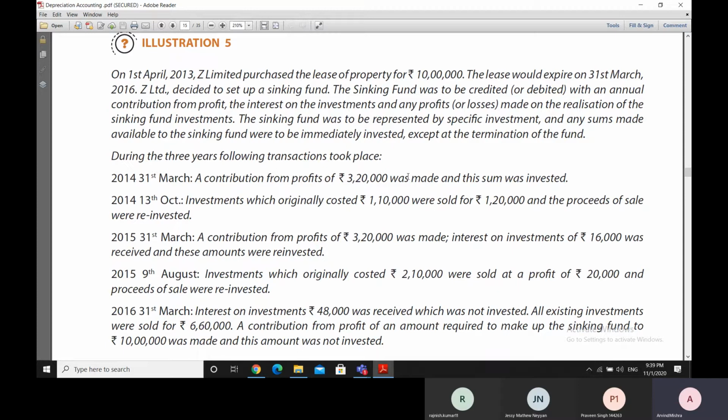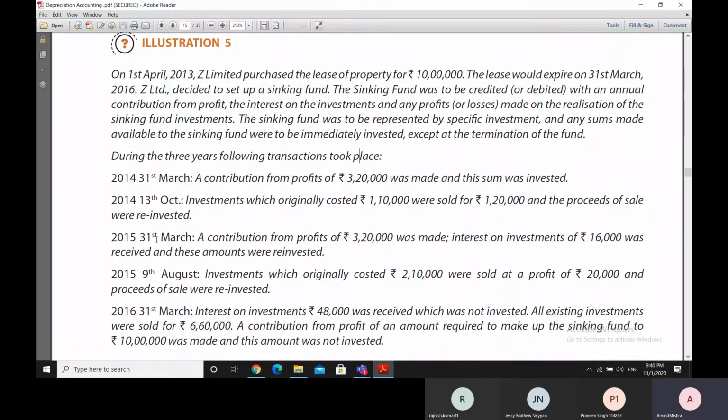Then on 13th of October 2014, which is after about 6 months' time, investments which originally had cost 1,10,000 rupees were sold for 1,20,000 rupees. So here a profit on the realization of investment is happening, a 10,000 rupees profit, and whatever proceeds were received were reinvested in the specific investment.